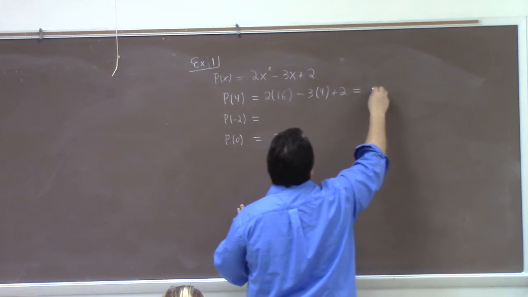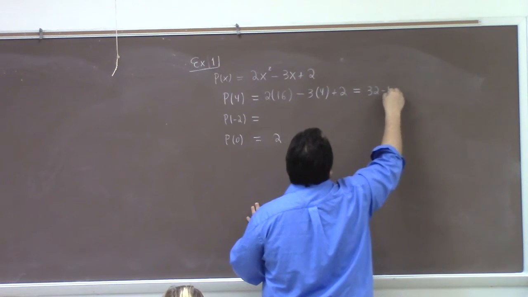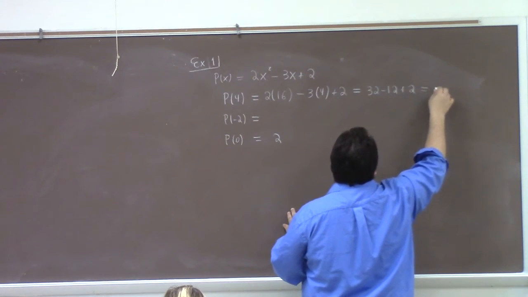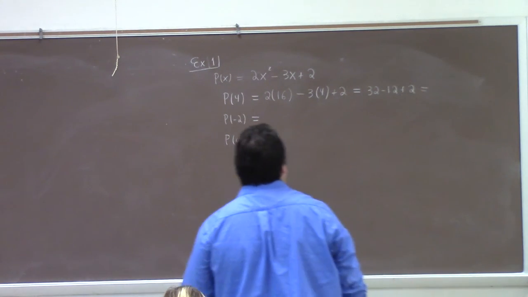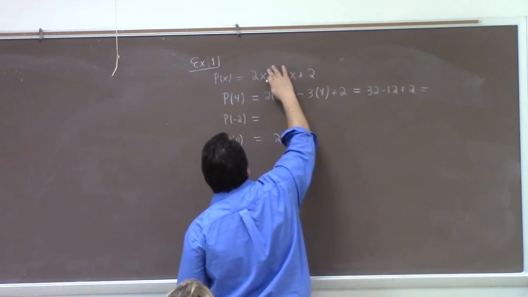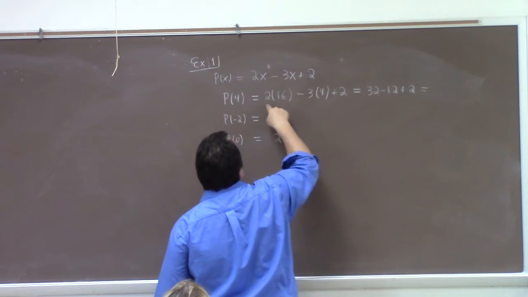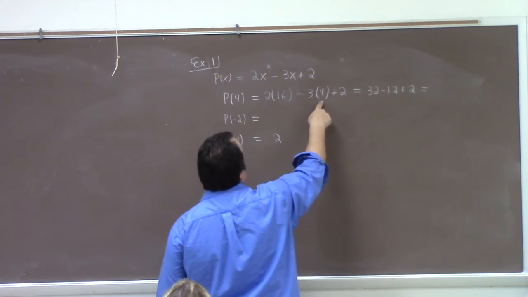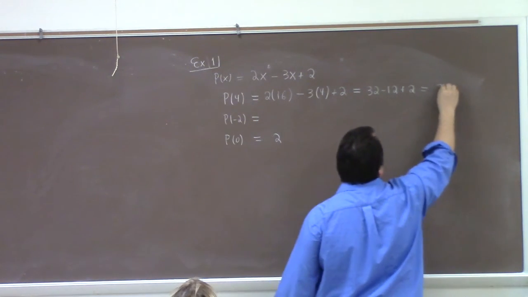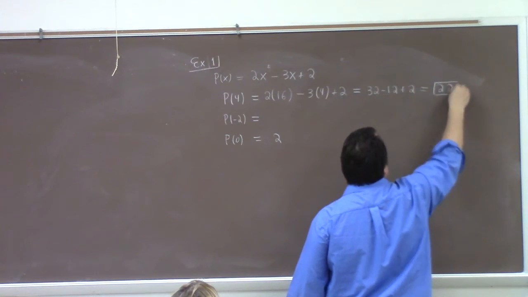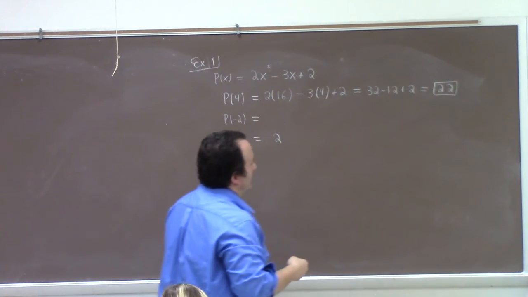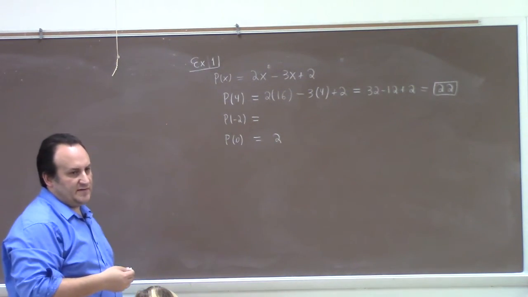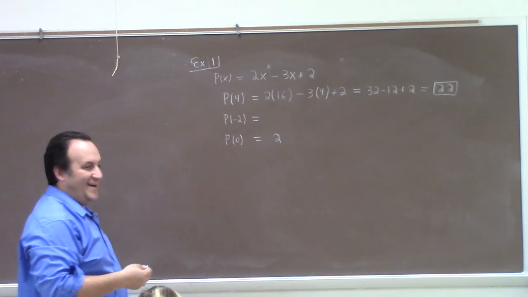That's 32. Well, 4 squared is 16, and 2 times 16 is 32. Yeah, I got 22 too. You might have changed that plus 2 to a minus 2 or something. Got that one right. Aha, there you go.